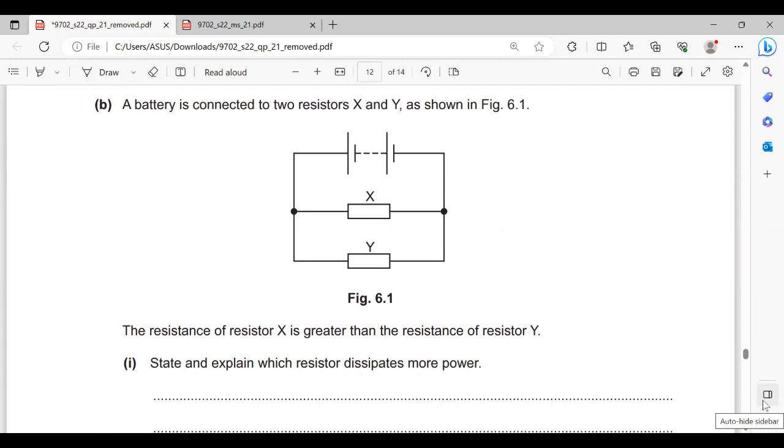The resistance of resistor X is greater than the resistance of resistor Y. It means we may write resistor X greater than resistor Y. State and explain which resistor dissipates more power.